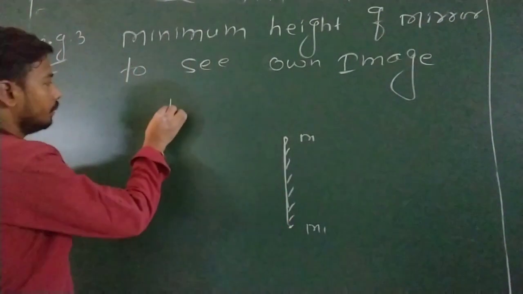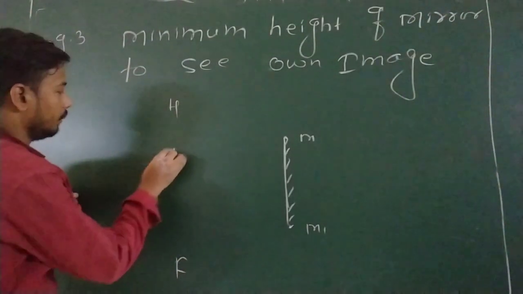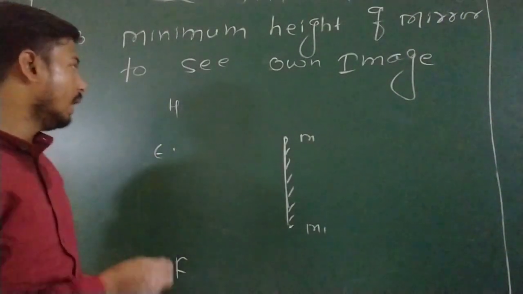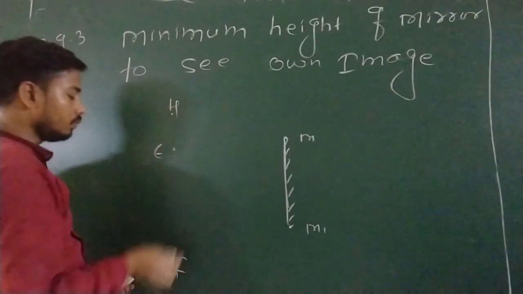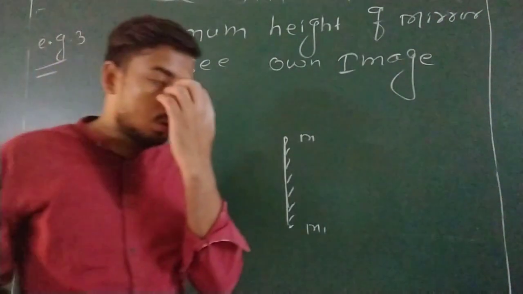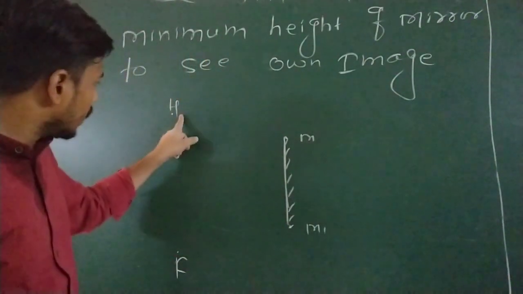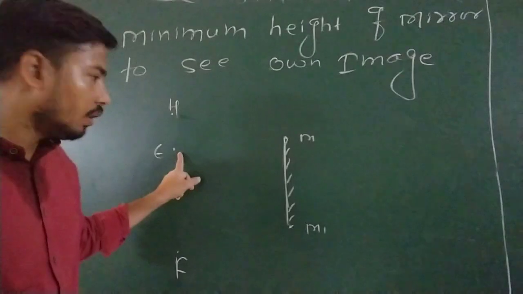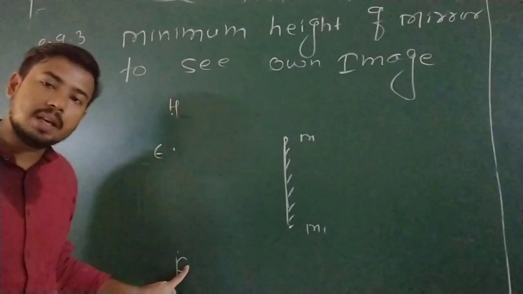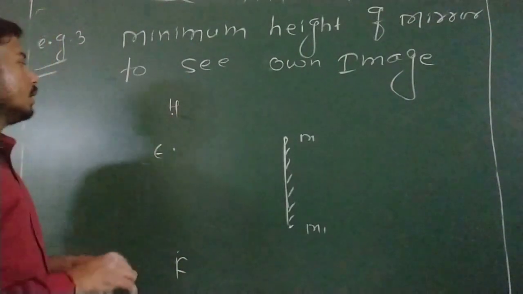So suppose this is your head, this is your foot, and this is your eye. If you want to see your complete image, then light from here must somehow reach your eye, then you will see.